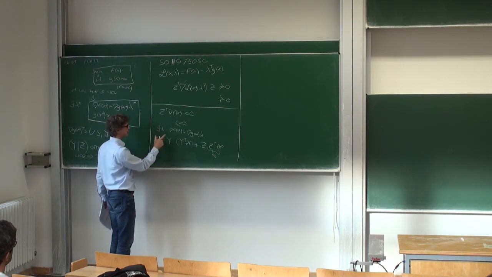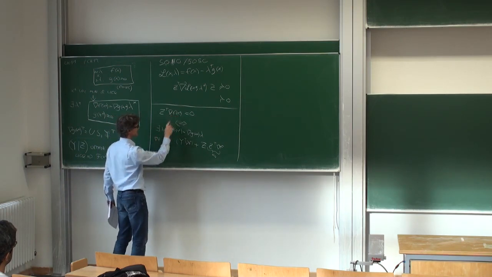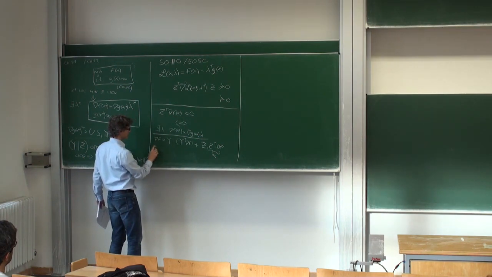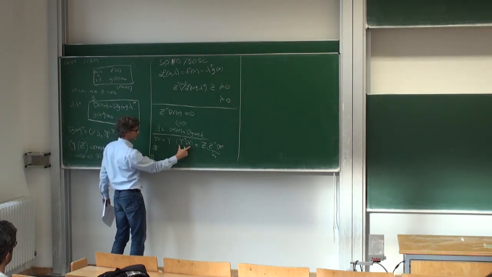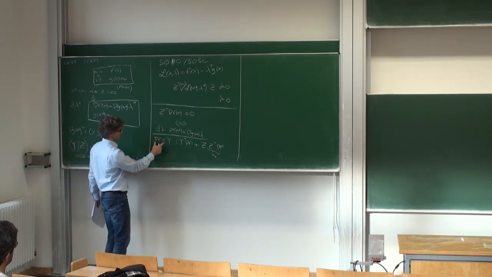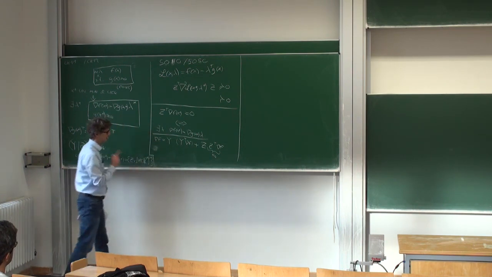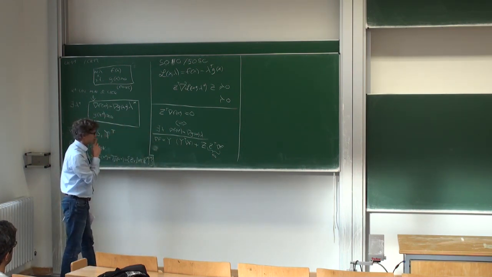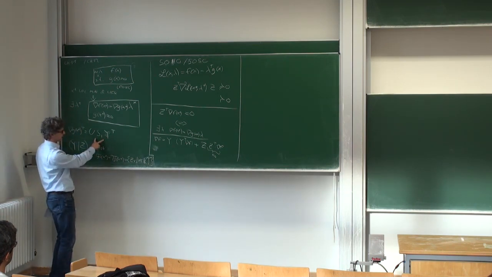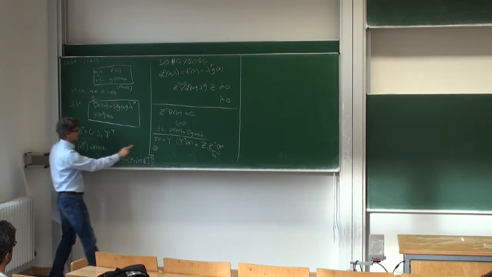So we can immediately see that this is equivalent to saying there exists something that we call u, which would be this quantity, which creates the gradient.